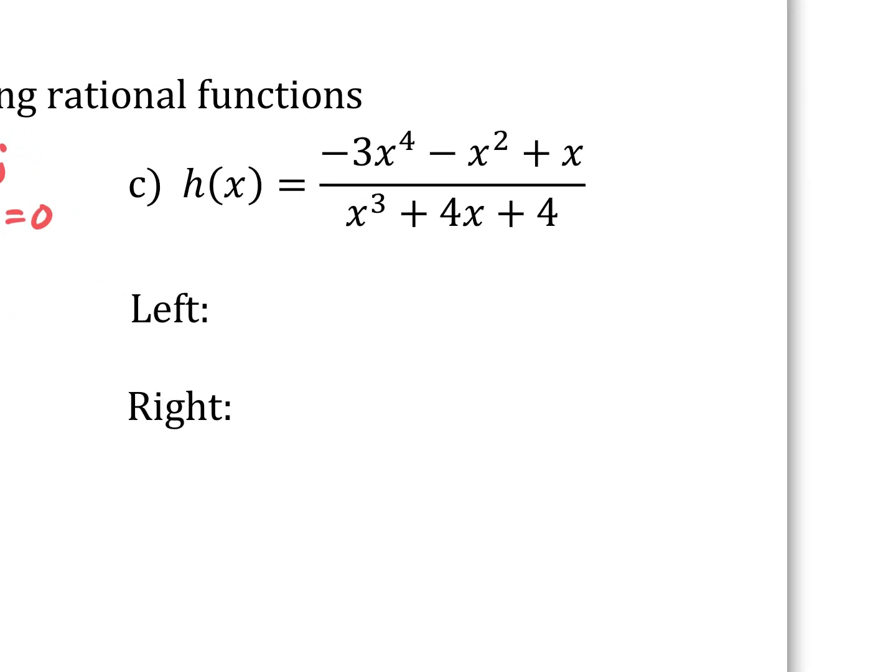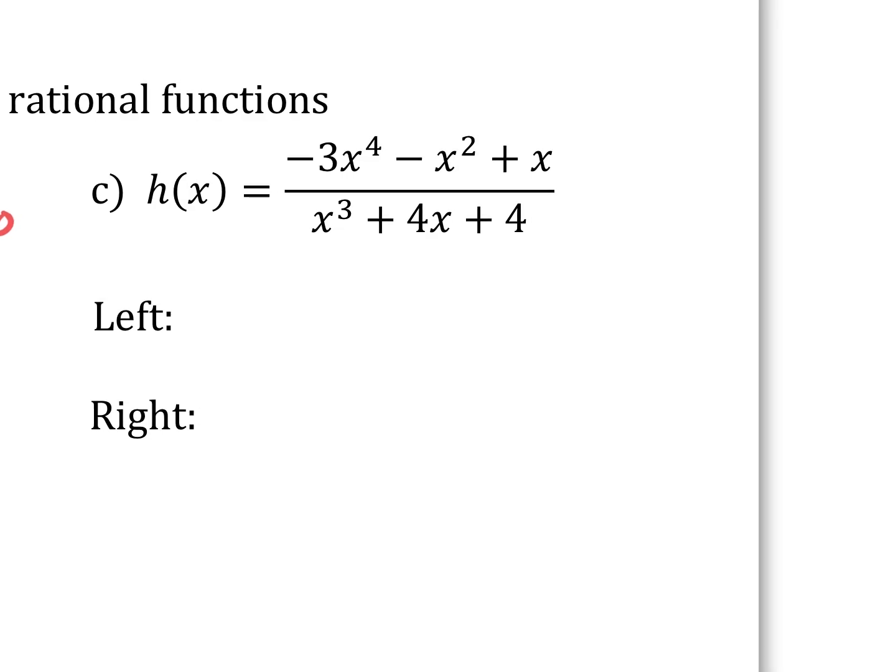Okay, let's look at letter C. If you're going to take note of this, the numerator's degree is higher than the denominator. The numerator is greater than the denominator, so therefore there is no horizontal asymptote here.